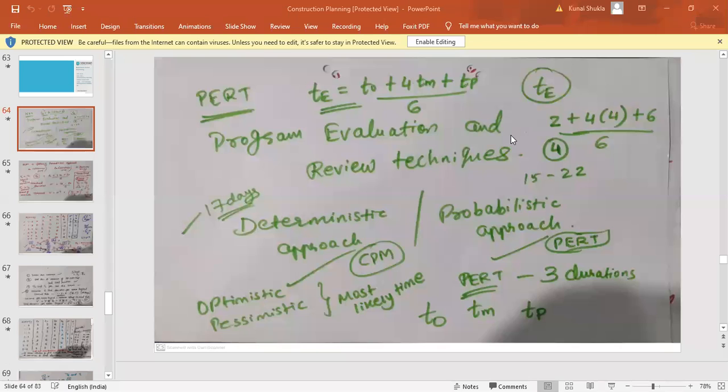Now just consider the example of a residential building. Suppose you are doing a residential building work, making G plus 10, and on the first floor you are constructing a wall.